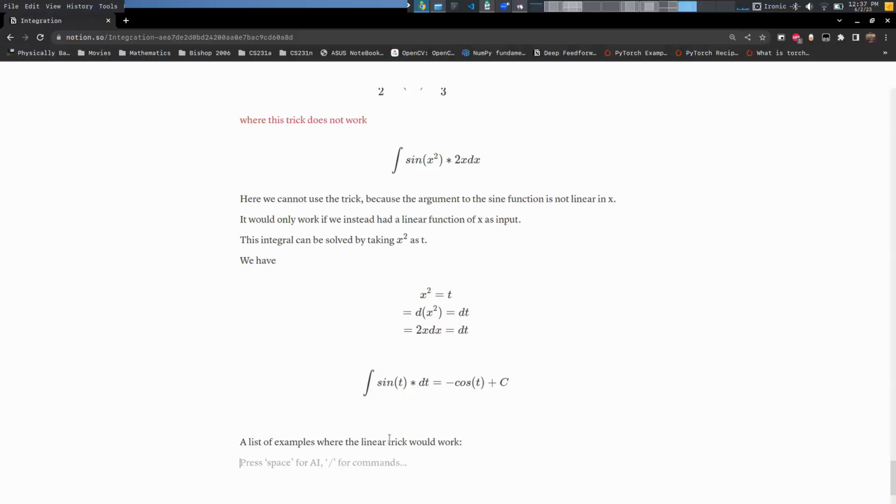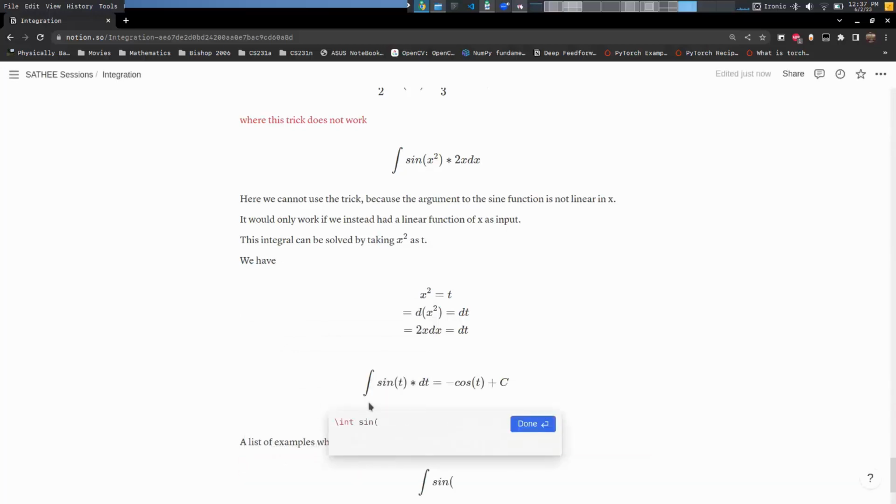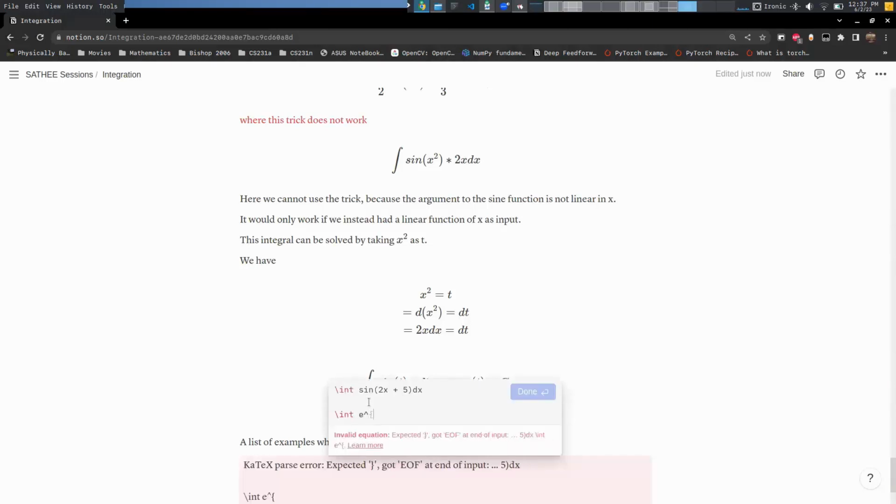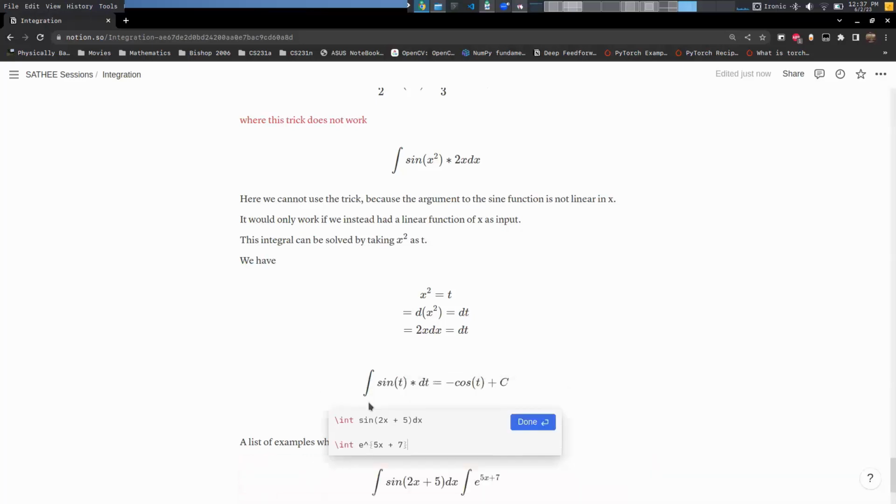So suppose we had the integral of sine of 2x plus 5, then we can very well use this trick. Suppose we had the integral of e to the power 5x plus 7, it would work.